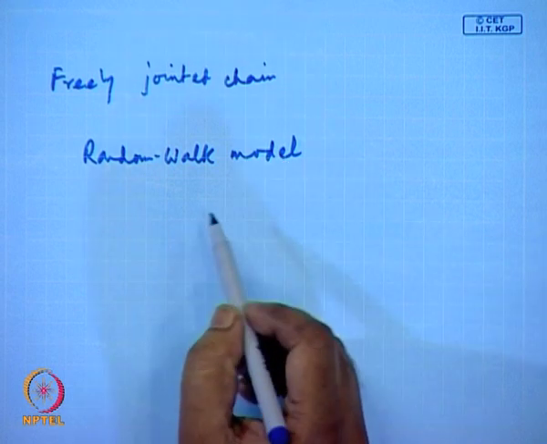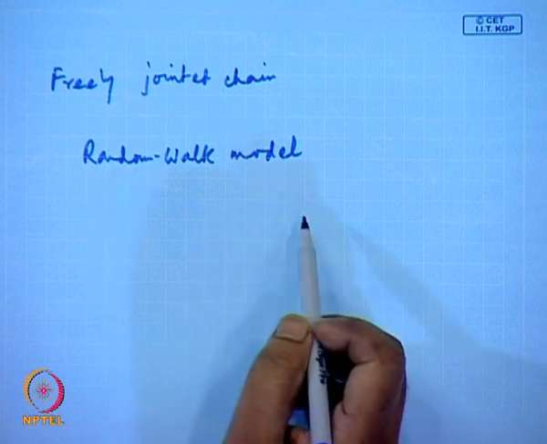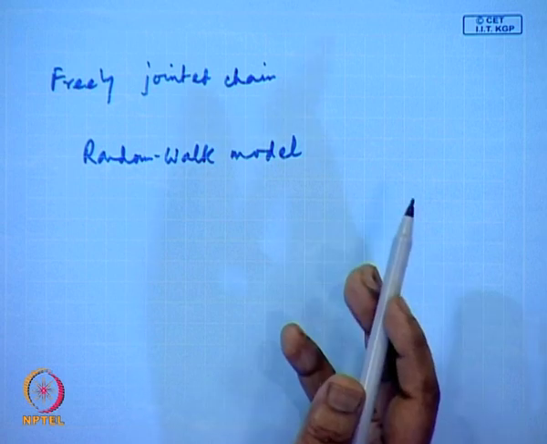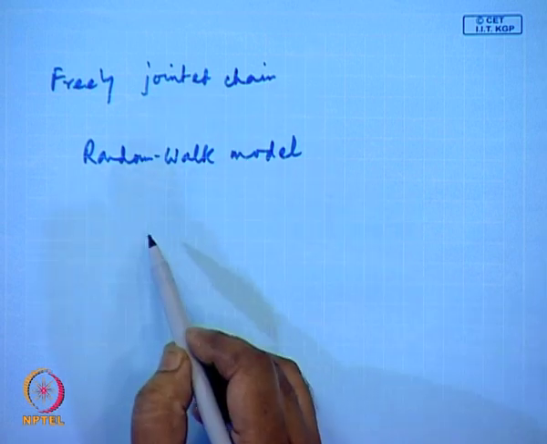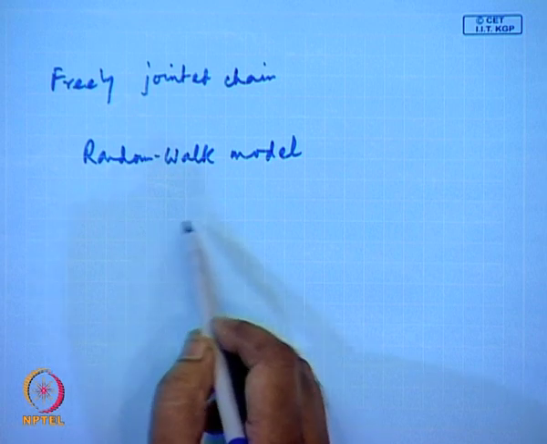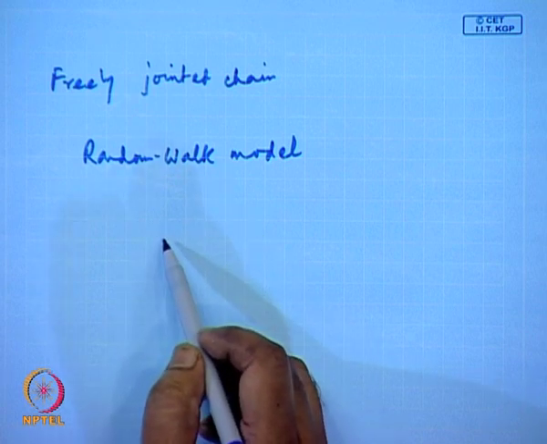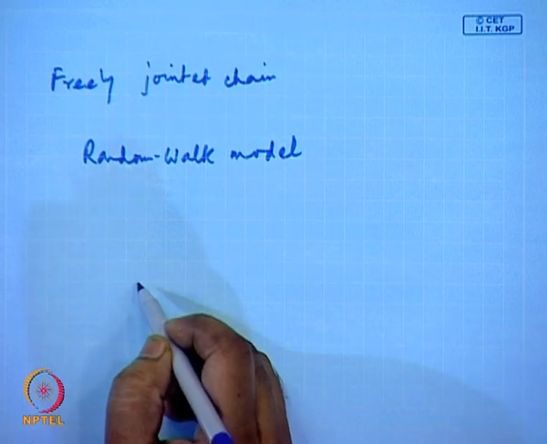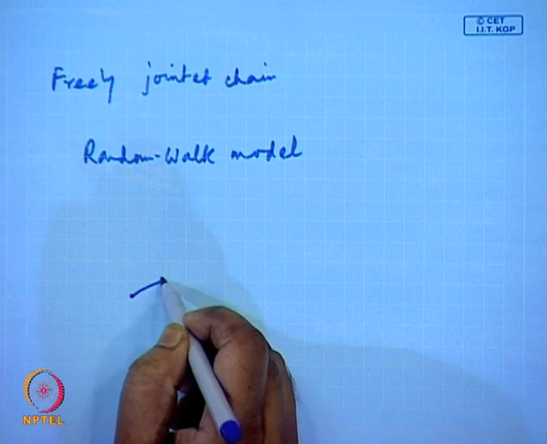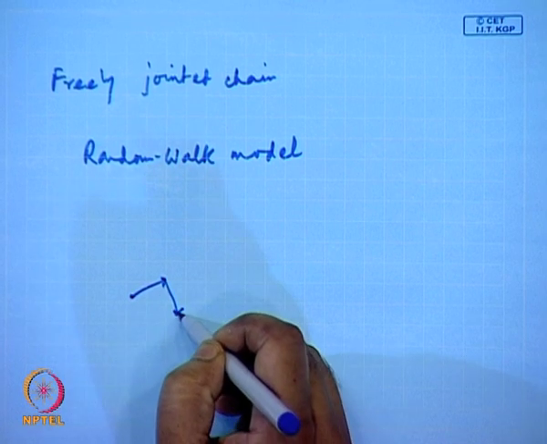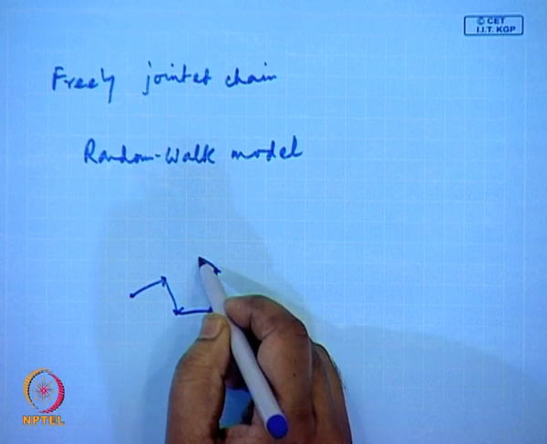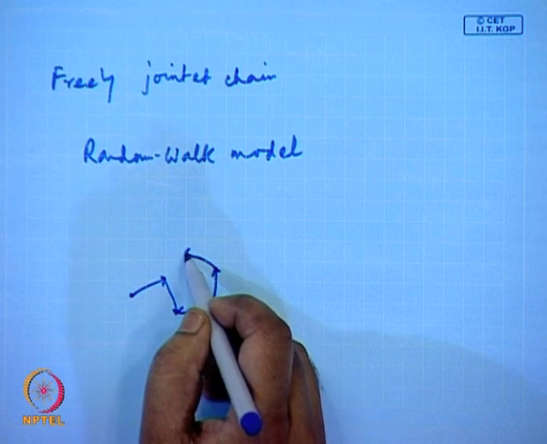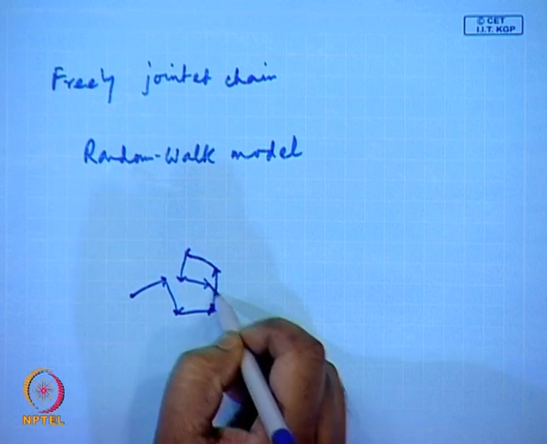But here the difference is that in the case of an ideal gas, the step the gas molecules can take can be any value, but in this case each step the bond can take is the length of the bond. So, you can start from one end and just place the other randomly. Of course, the length of each bond has to be equal.